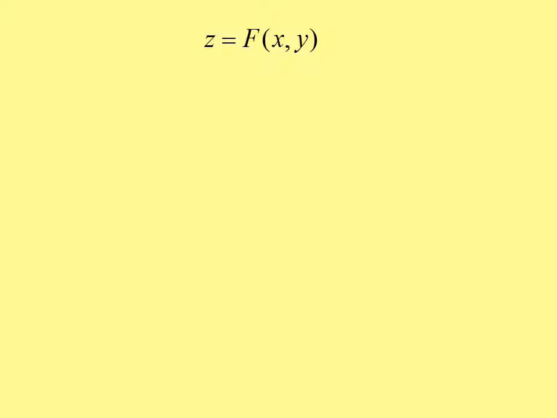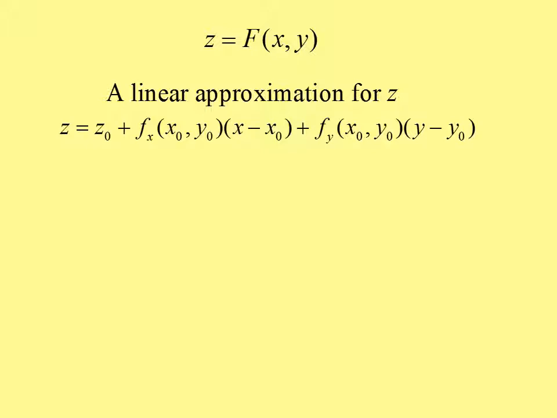Now, just to clear up some symbolism, here we're saying z is a function of x and y, capital F for our function. So we're making a distinction there, capital F, function of x and y. Now, the linear approximation, this is what we just got through doing, is nothing more than the equation of the tangent plane. Notice we've moved the z naught over to the other side. So this is called the linear approximation for z.